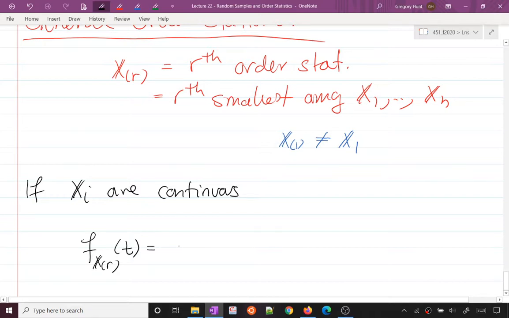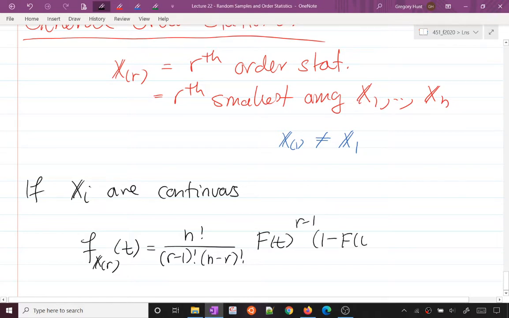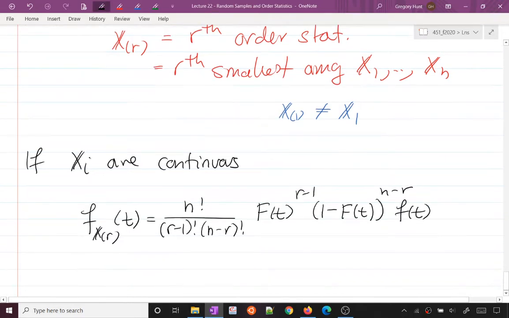It is n factorial over (r minus 1) factorial times (n minus r) factorial, times capital F to the power r minus 1, times 1 minus capital F to the power n minus r, times the marginal PDF.